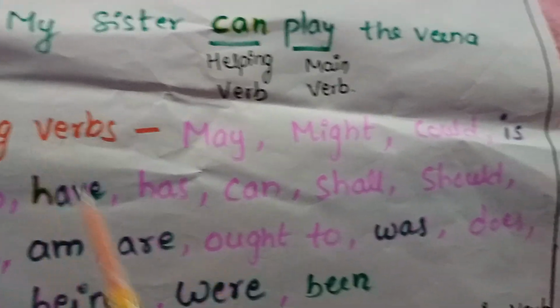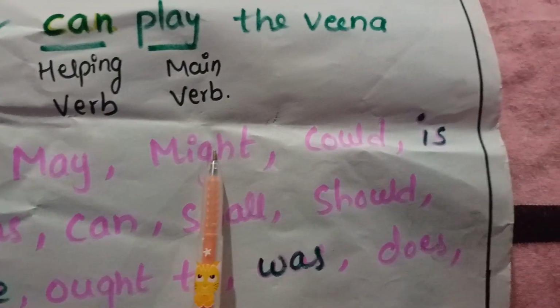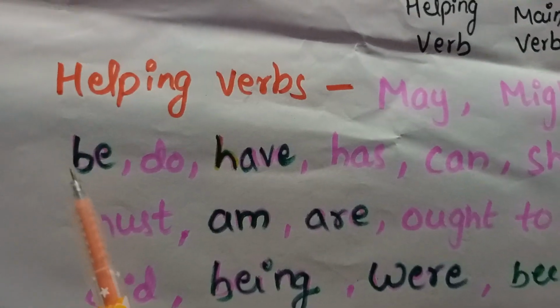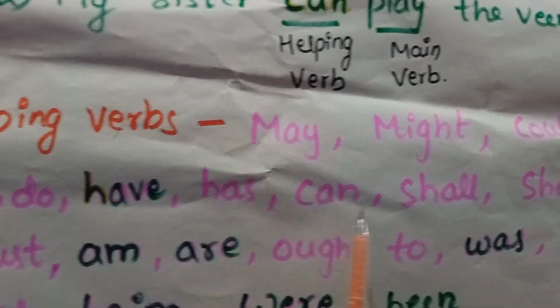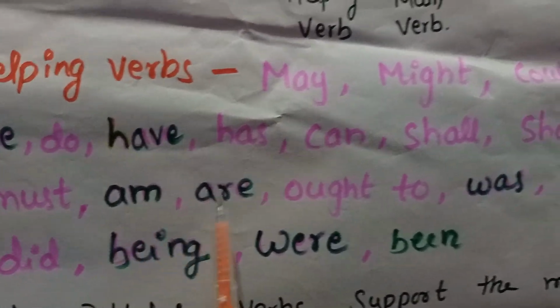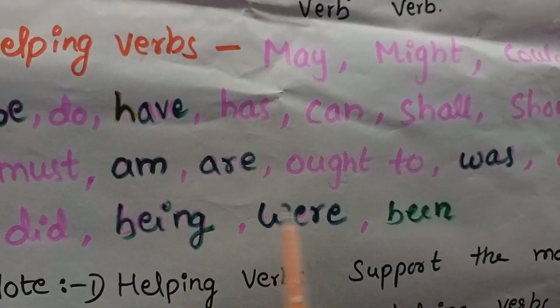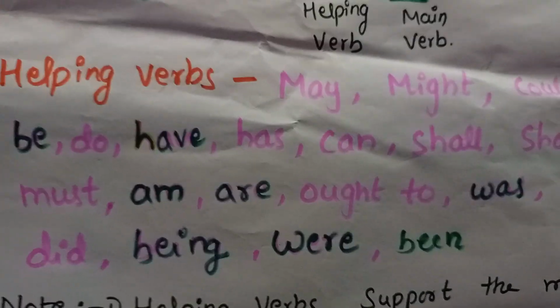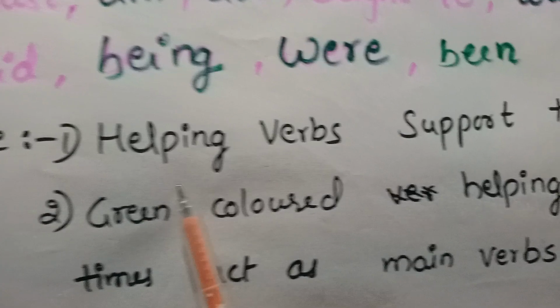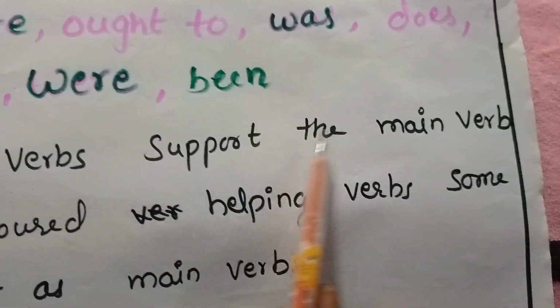Helping verbs examples: may, might, could, is, be, do, have, has, can, shall, should, must, am, are, ought to, was, does, did, being, were, been. Note, helping verbs support the main verb.